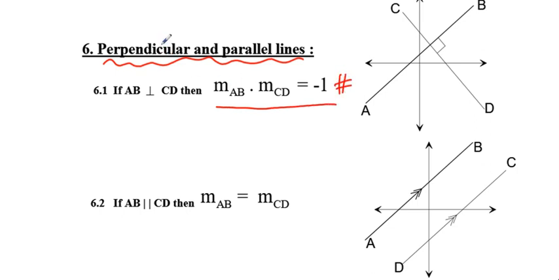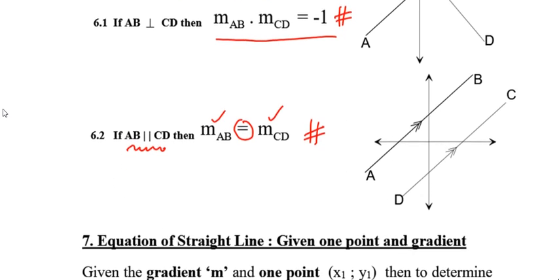So when you see the word perpendicular, associate it with the gradients multiplied equal to -1. When two lines are parallel, then the gradient of one line is equal to the gradient of the other line. Very, very important. It has lots of implications in the questions that you're going to answer.